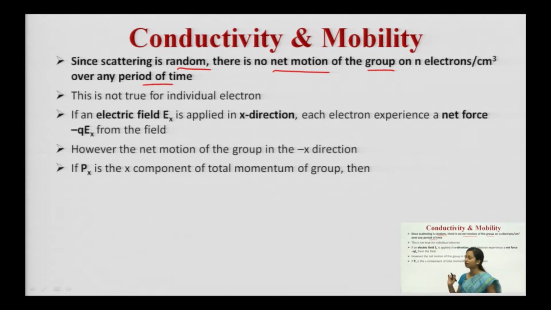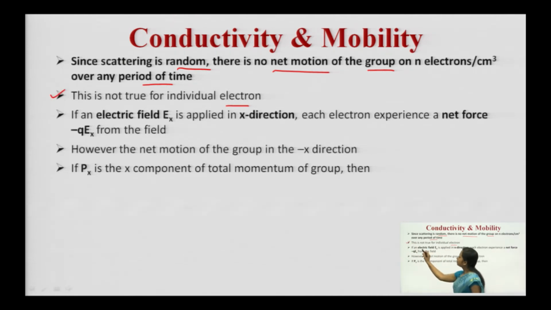This would be very difficult. But this is not true for the individual electron, as I have shown you in the diagram in the earlier case. If you are considering the individual electron, it would be very easy to identify and calculate its direction at any instant of time. But for a group, it is not possible.